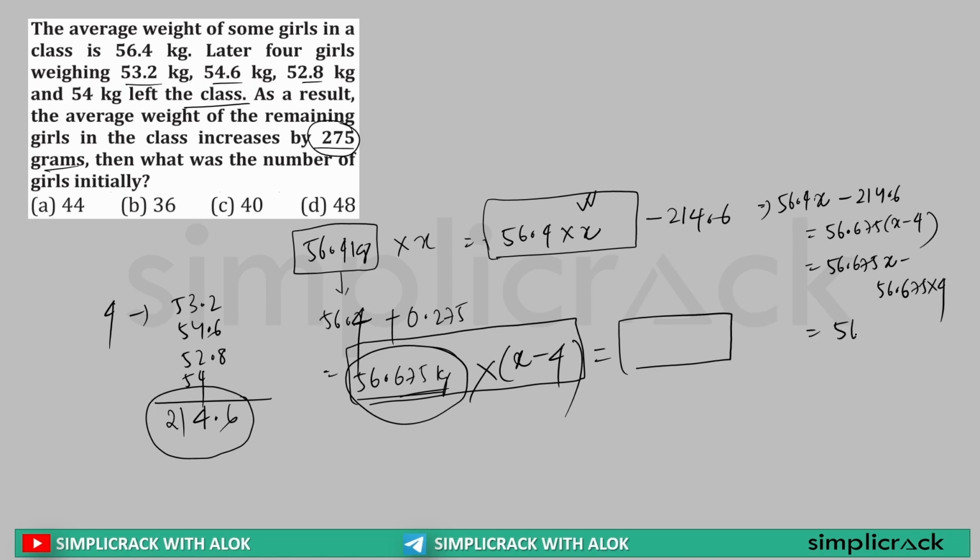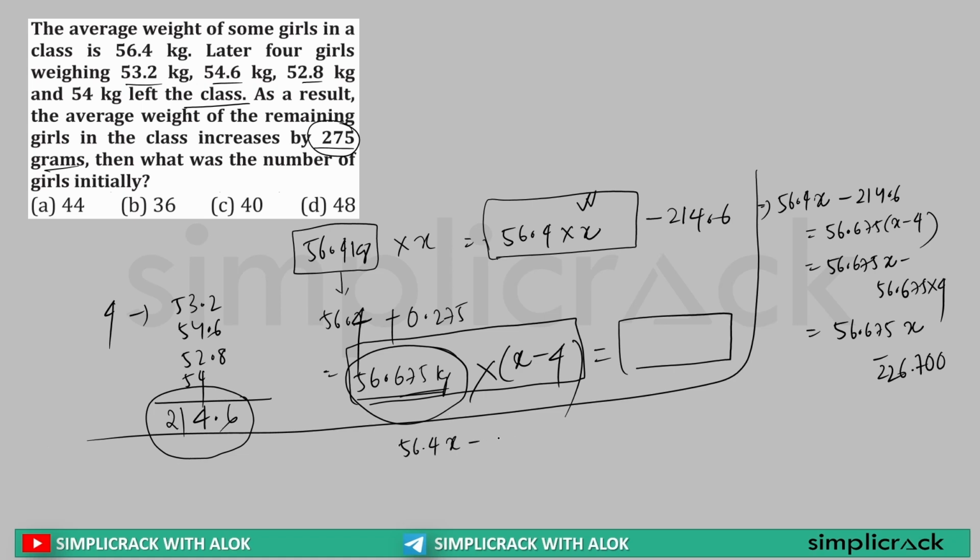Calculating 56.675 into 4 gives 226.7. Clear? Yes, sir. Now the equation is 56.4x minus 214.6 is equal to 56.675x minus 226.7.